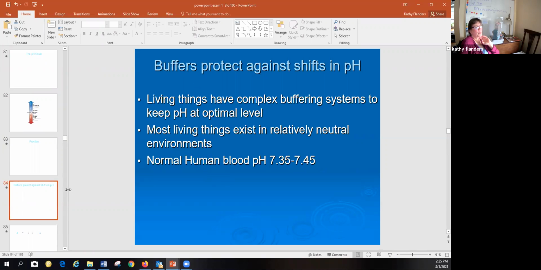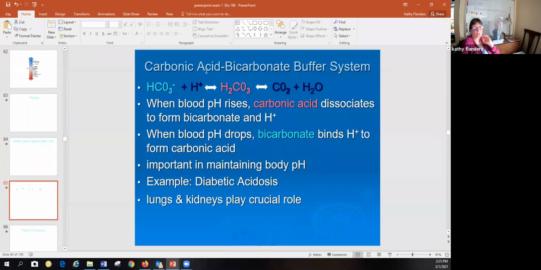So buffers. We talked about one specific buffering system that we use in the body, and that's the bicarbonate buffering system. We talked about hydrogen ions, remember, is how we determine pH.